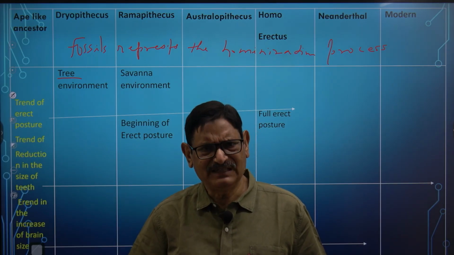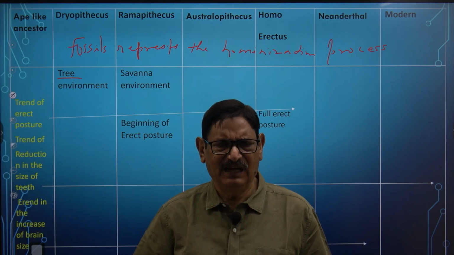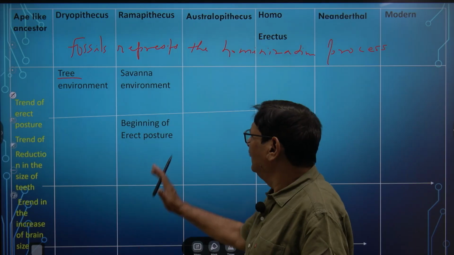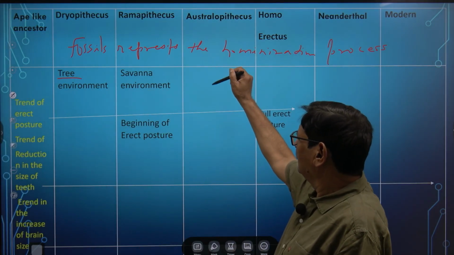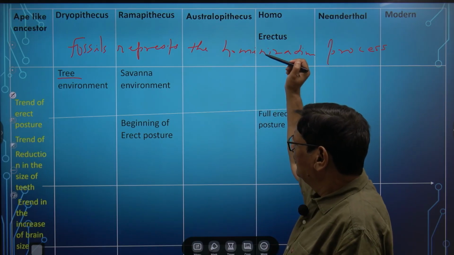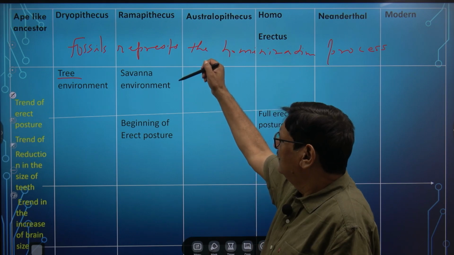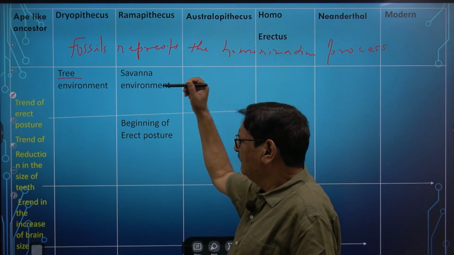During Ramapithecus, there was a disappearance of trees and emergence of savanna, that is, a savanna environment. And with Australopithecus, Homo erectus, after Ramapithecus, the environment changed.